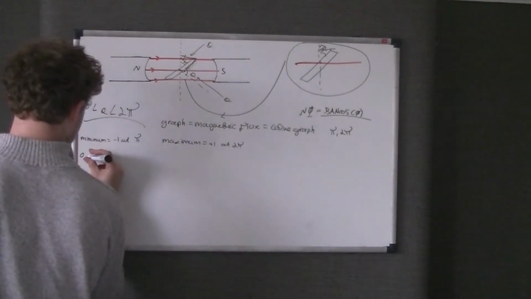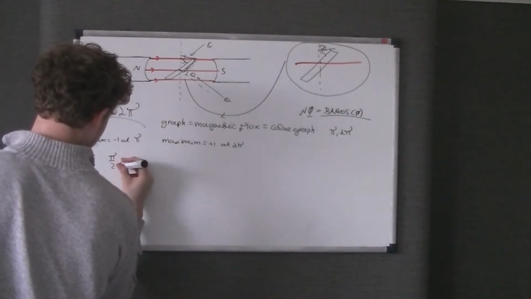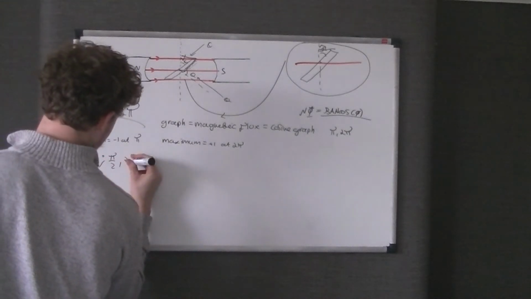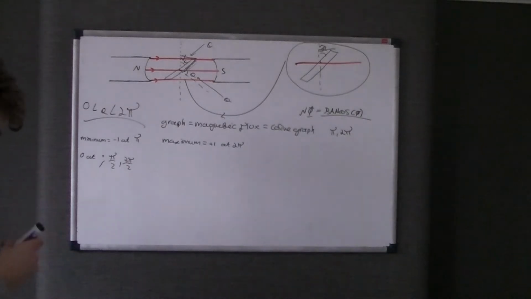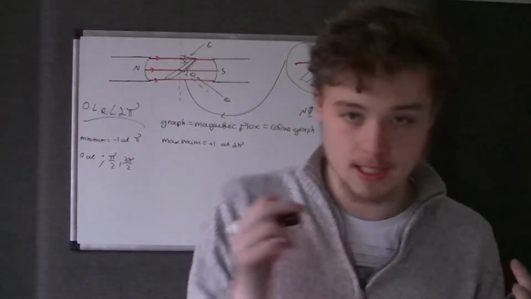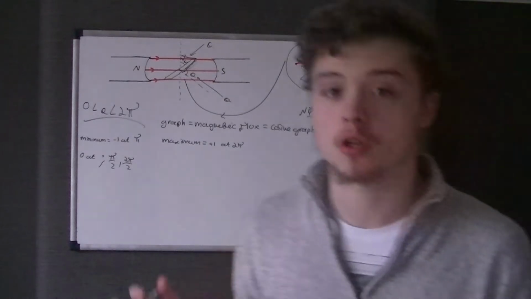Now, it is also 0 at pi on 2 and 3 pi on 2. So that's where it is 0. Basically you can draw that, it's a standard cos graph.